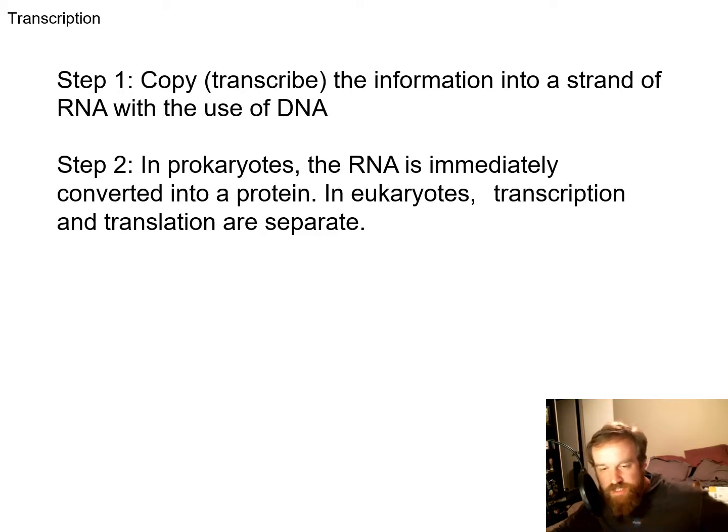Transcription is the process of taking a gene, and we have this transcription machinery, this RNA polymerase, that takes that information from a gene and turns it into an mRNA molecule. This is the message, M being messenger for messenger RNA, that is sent to the proteome to be made into a protein product.